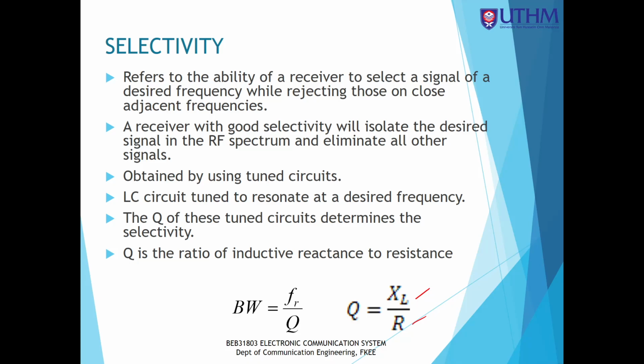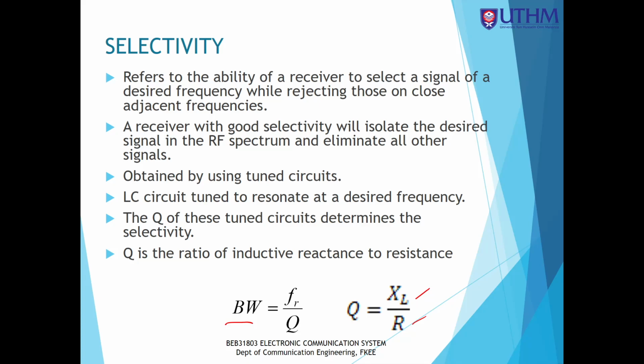And we can also measure the bandwidth of the tuned circuit. The tuned circuit is the first part of the receiver, the block that receives the signal and filters out the unwanted frequencies, that consists of filters.